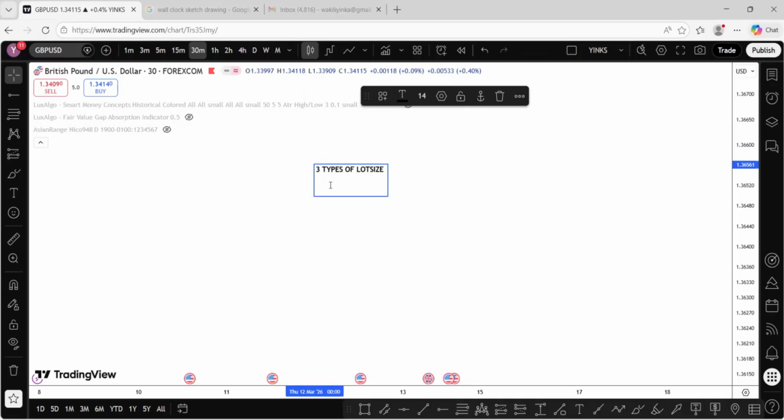Now, the first lot size is called the standard lot size, which equals 100,000 units.